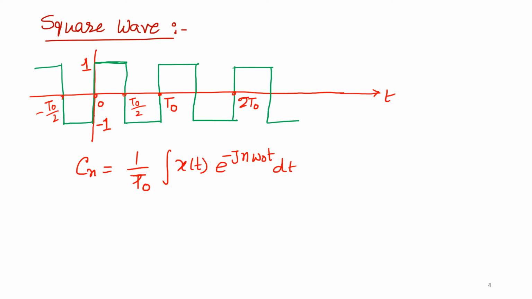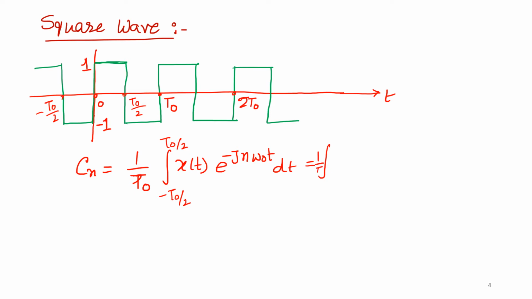So the range I'll consider is minus t naught by 2 to plus t naught by 2. Now we can simply break this into two parts.